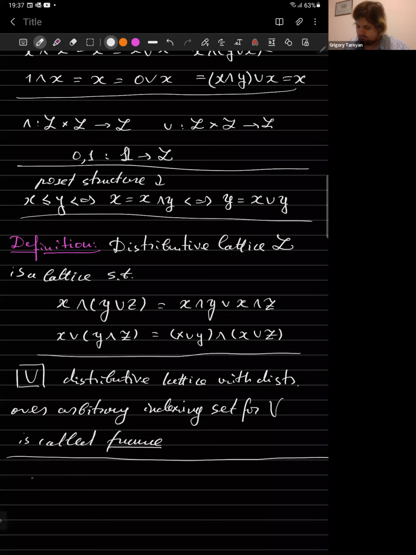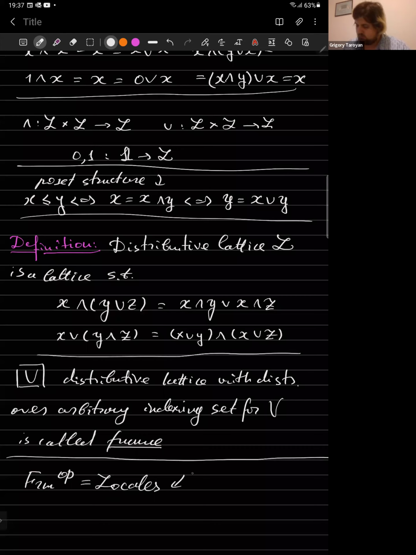So frames and their poset morphisms form a category Frame, and its opposite is called the category of locales. I don't know how to denote it. Let's denote it like this.